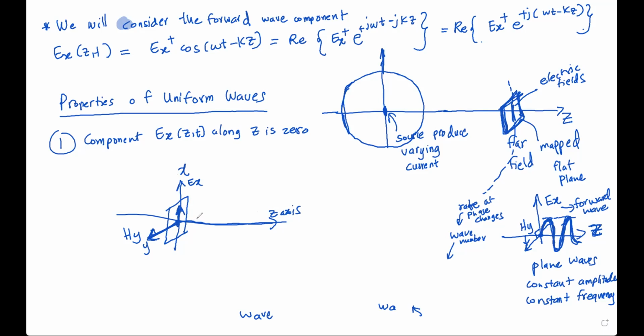We do not have any components of either the electric field or the magnetic field along the Z axis. So the component of the Ex electric field along the Z axis is 0. Also, the component of the magnetic field will be 0 along the Z axis.